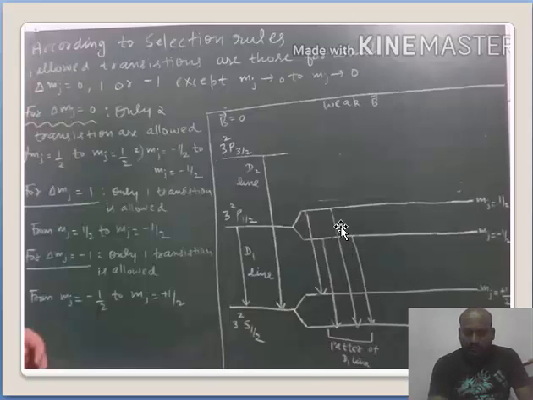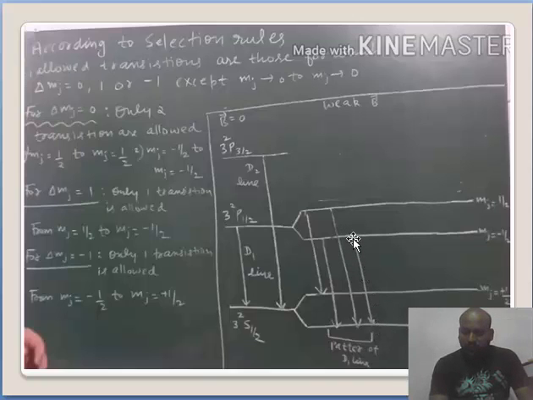When the transition takes place from +1/2 to -1/2, subtracting gives +1. And for the transition from -1/2 to +1/2, we get -1.